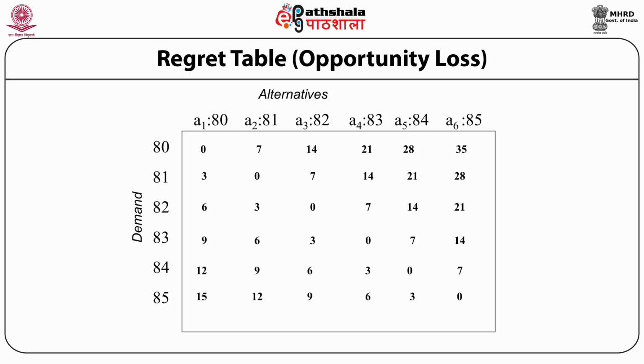So we can subtract every item of alternative A2 from 243, which will give you the value of the regret or opportunity loss. So it is a very good method to prepare the regret table or opportunity loss table.